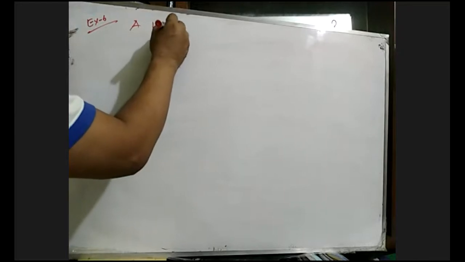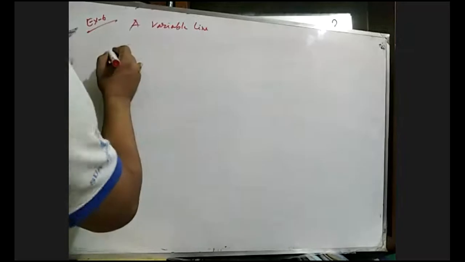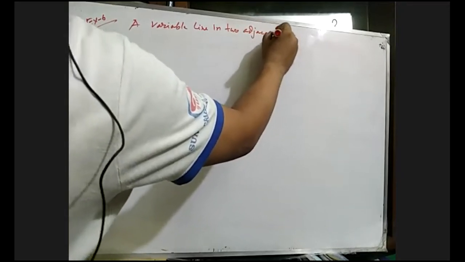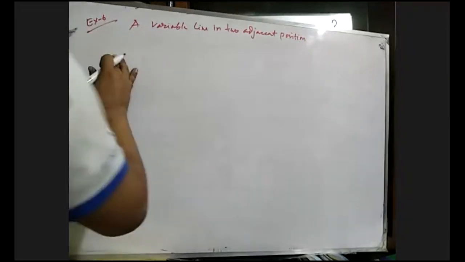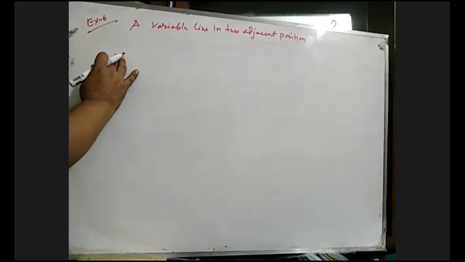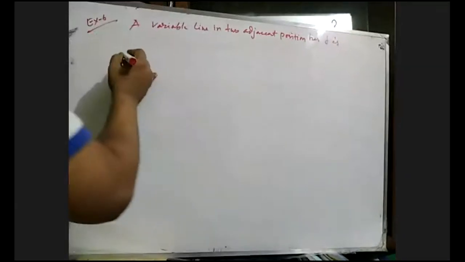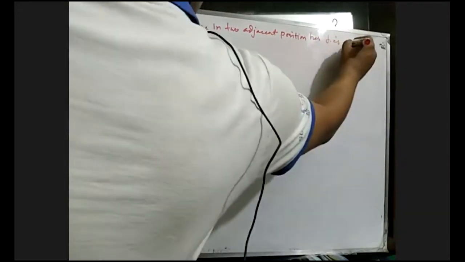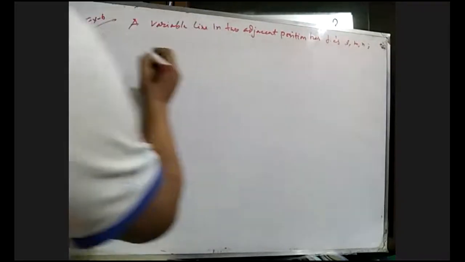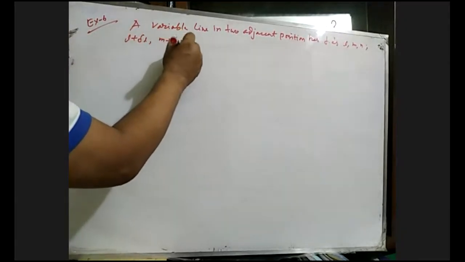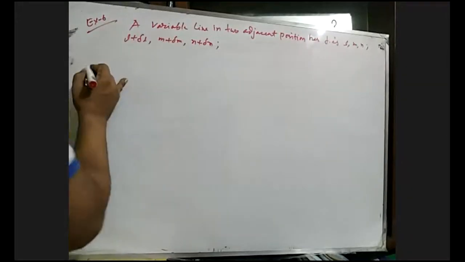Another question. A variable line in two adjacent positions has direction cosines L, M, N; semicolon; then L plus del L, M plus del M, N plus del N. Okay, two individual direction cosines.